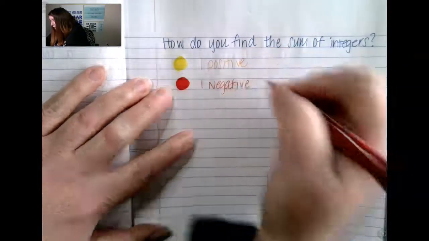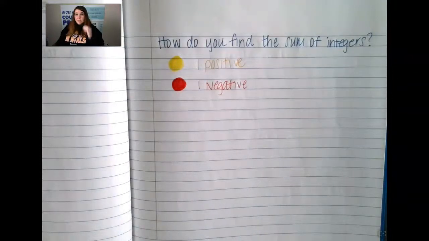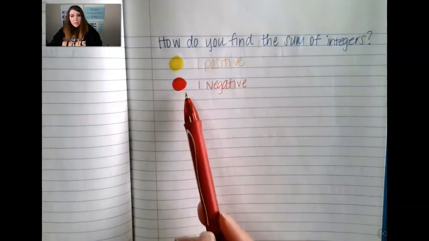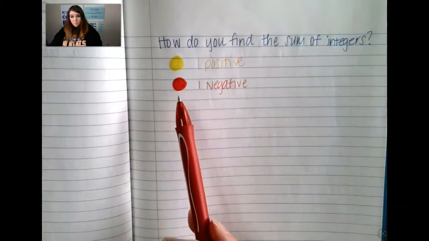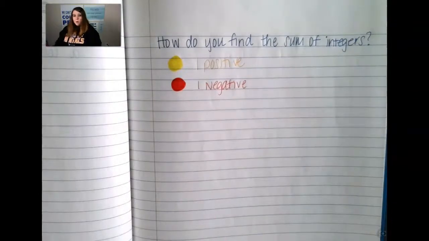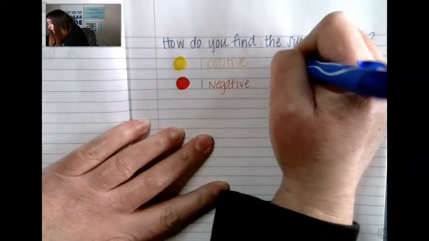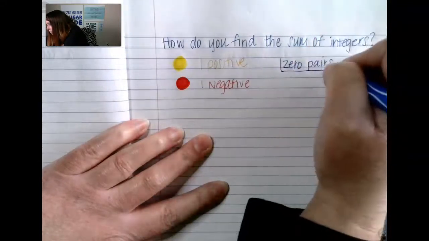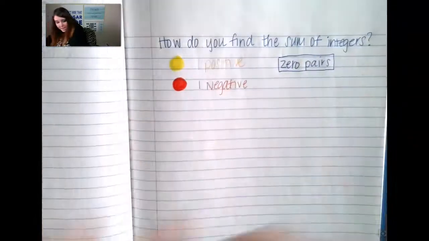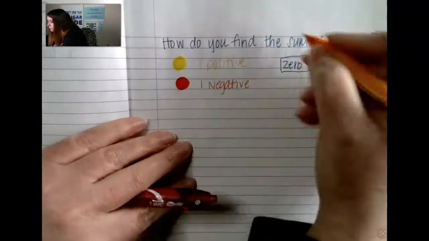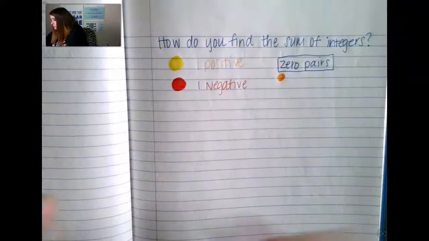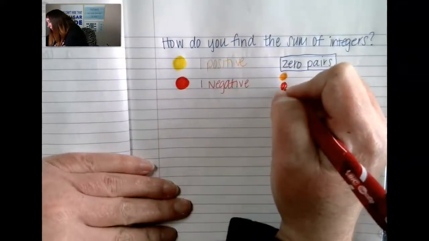While we're working today, anytime that you see a positive and a negative that line up, they will end up having a value of 0, and we call this a 0 pair. We will end up crossing out 0 pairs. 0 pairs are when you have a red and a yellow. So there's my yellow, my positive, here's my red for negative.